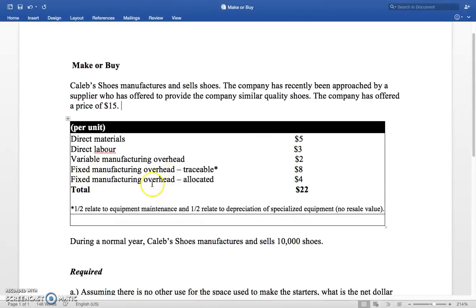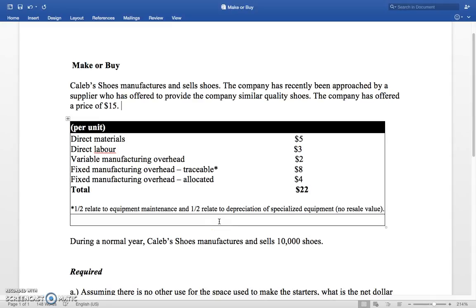Fixed manufacturing overhead. Now this is where the fun begins, because this is where the asterisk is. Now let's read the asterisk. Half of the fixed manufacturing overhead relates to equipment maintenance, and half of it relates to depreciation of specialized equipment.